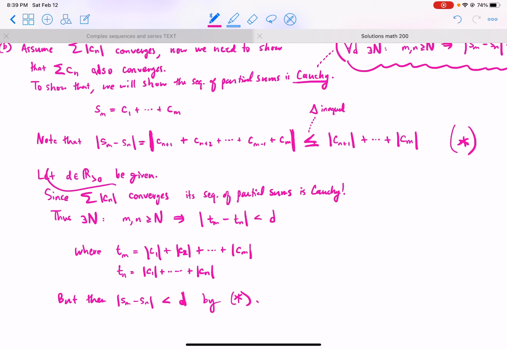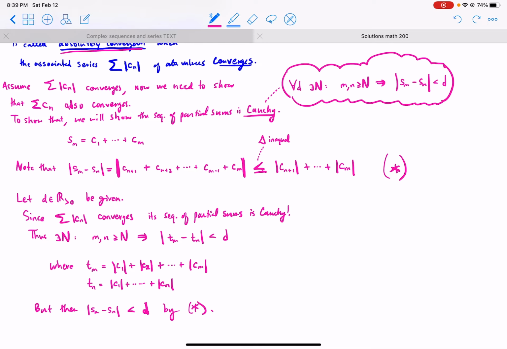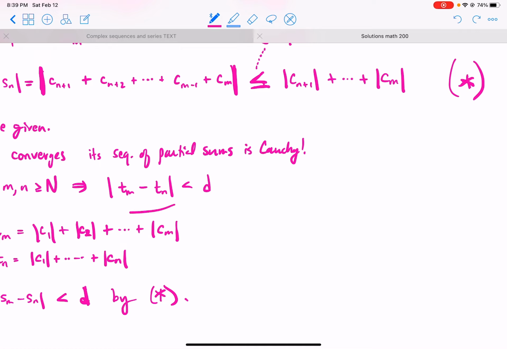We've shown that for any D, there exists an N such that for any pair bigger than N, this thing is less than D. By star, maybe just to be clear to the reader, because I'm talking to you but I didn't write it, since Tm minus Tn is this.